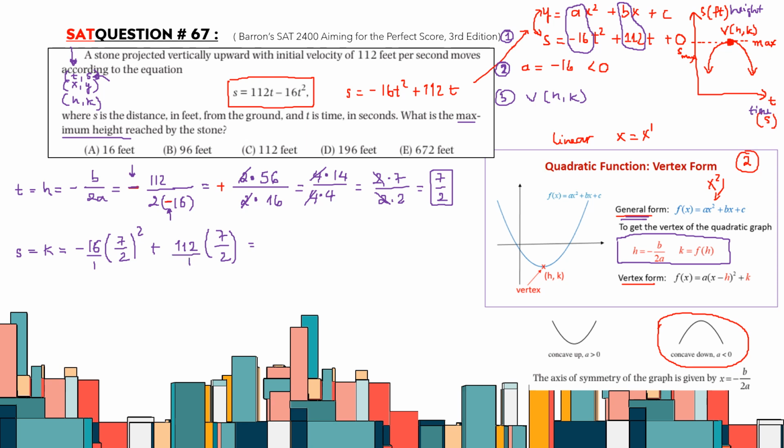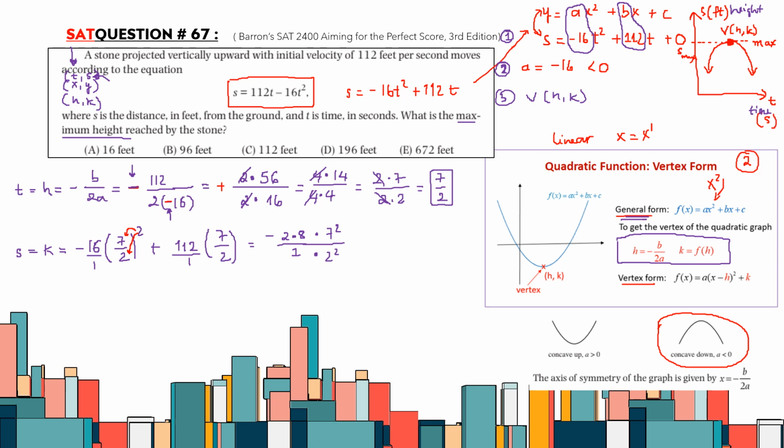So we have negative 16, we can rewrite as 2 times 8 over 1. Now multiply by 7 squared, over 2 squared. How we got 7 squared is because the power distributes inside to 7 and 2 when we open the parenthesis.